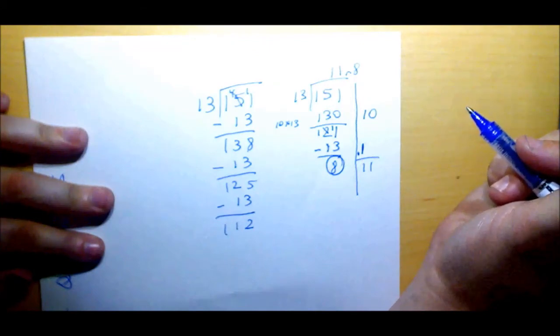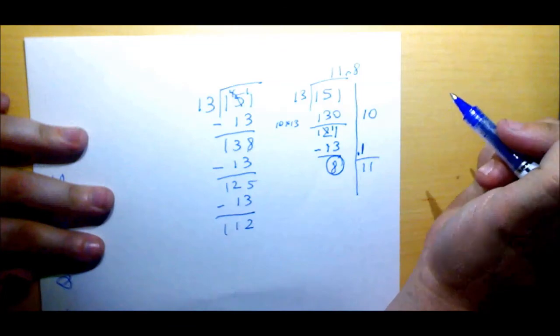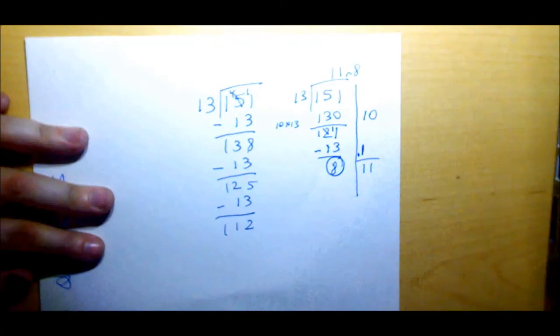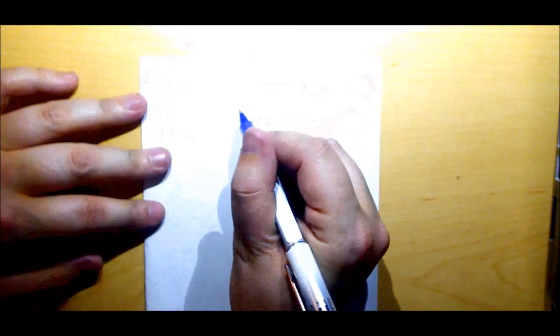So if you ever get stuck on how to begin a division problem, this is one of the methods you can use. But the main idea is that we're understanding what division is, so when we do it the traditional way, you'll understand what we're doing and why we're doing it.